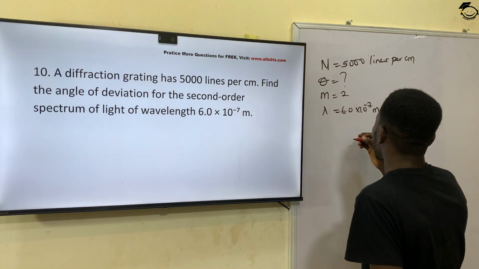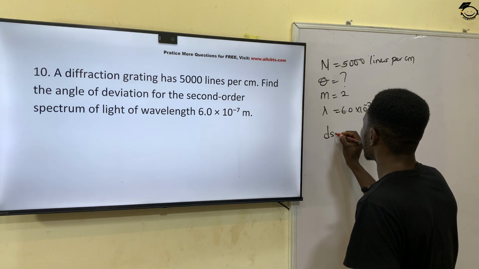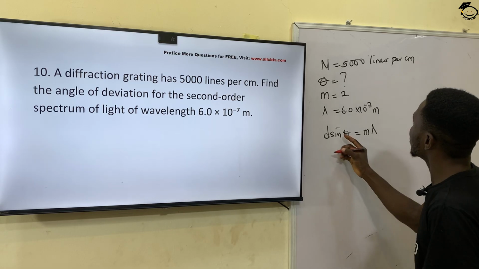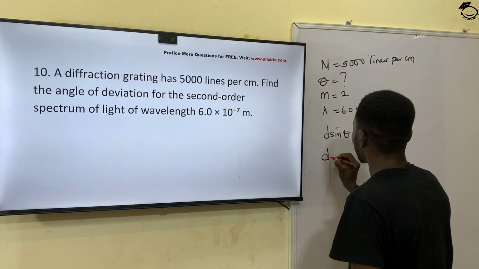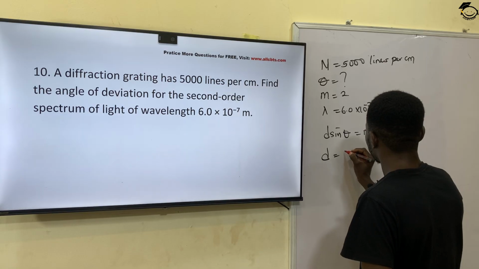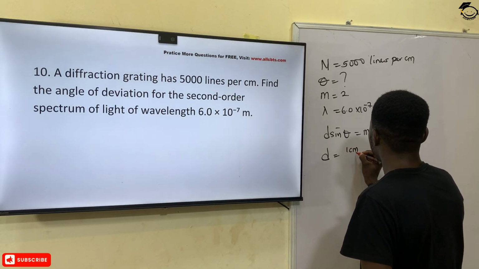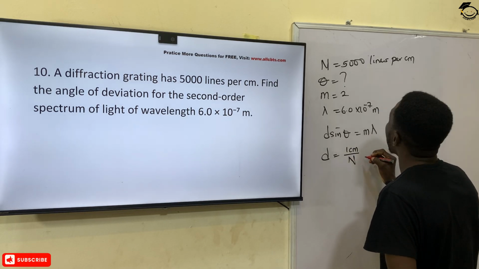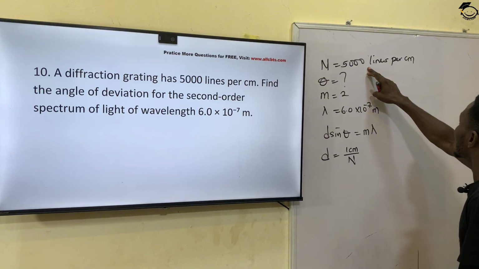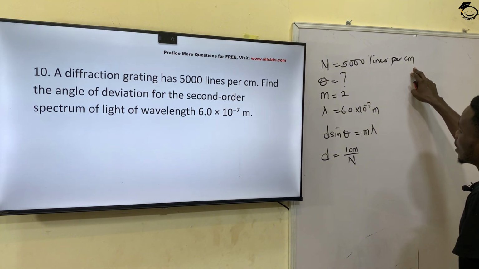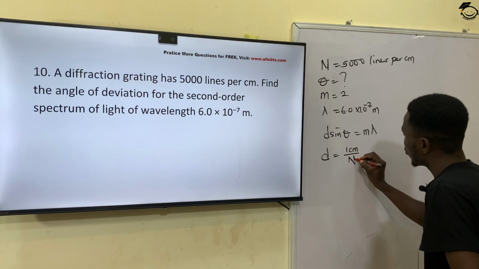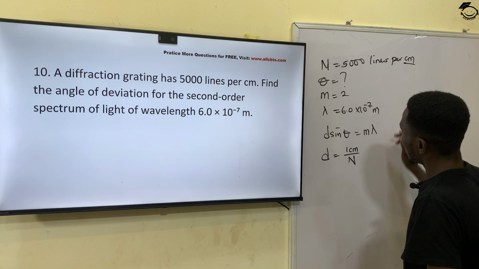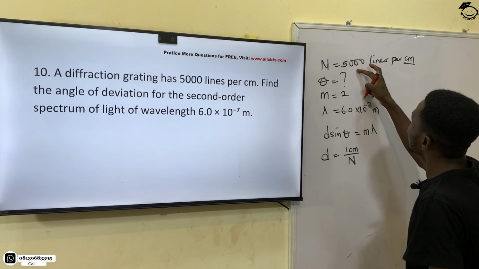We are asked to find the angle of deviation, but we know from our formula that d sine theta is equal to m lambda. So we don't know what d is. My d is equal to 1 centimeter over n, as we are given n to be 5,000 lines per centimeter. So we have to convert the centimeters to meters and then divide by the number of lines.